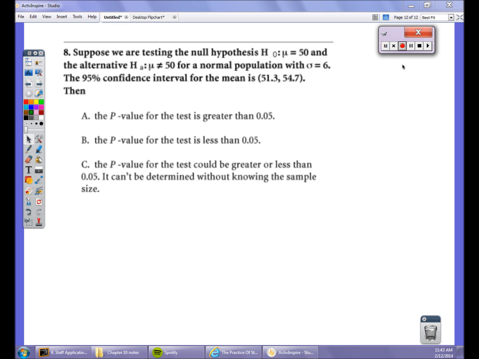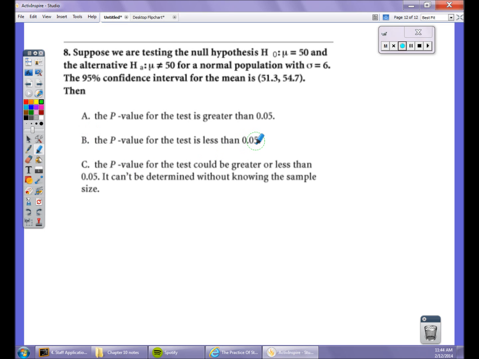Here's a question relating confidence intervals and significance tests. The answers to the options for A and B essentially are saying the same thing. In regards to the p-value, they're either greater than or less than 0.05.